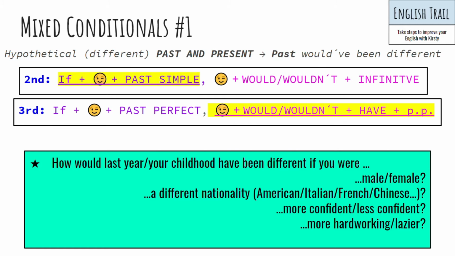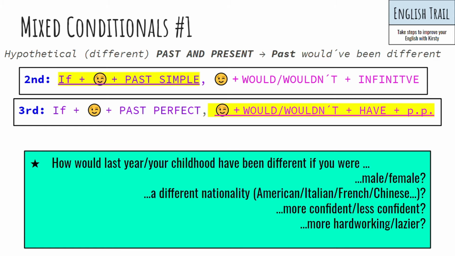Would you have taken a risk? Would you have started a business? Would you have gone parachuting? What would you have done differently if you were more confident or less confident as a person?